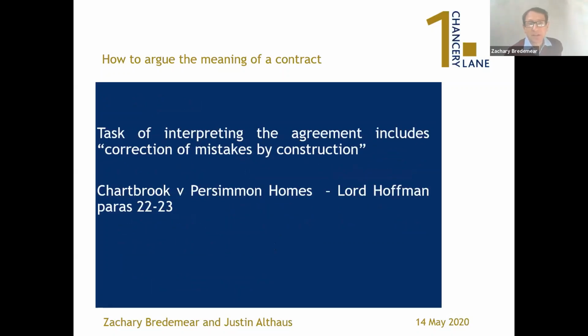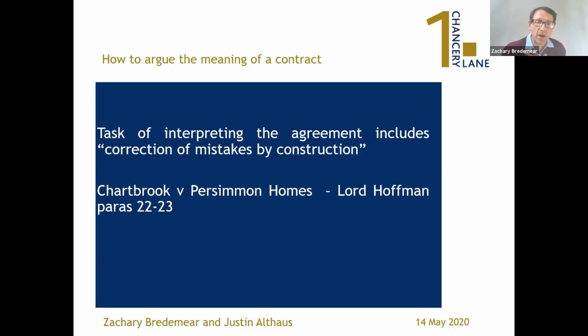Now, this is in some ways the converse of what we sometimes call the correction of mistakes by construction, which is something that Lord Hoffmann drew attention to in Chartbrook and Persimmon Homes. And this is the idea that sometimes parties make linguistic mistakes, language is misused, and even in a conversation we will recognise when language is misused.